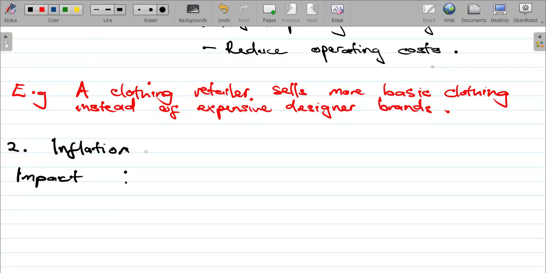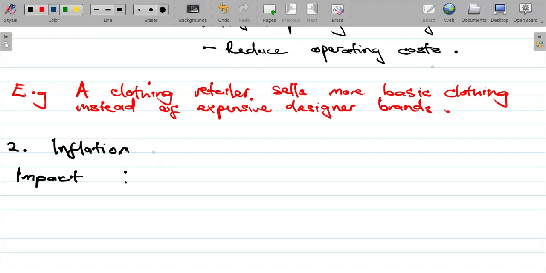And also there will be higher wage demands by employees because the value of the rand has decreased, as well as reduced profitability. The profit of the organization becomes low because the cost of raw materials and transport is high, right?